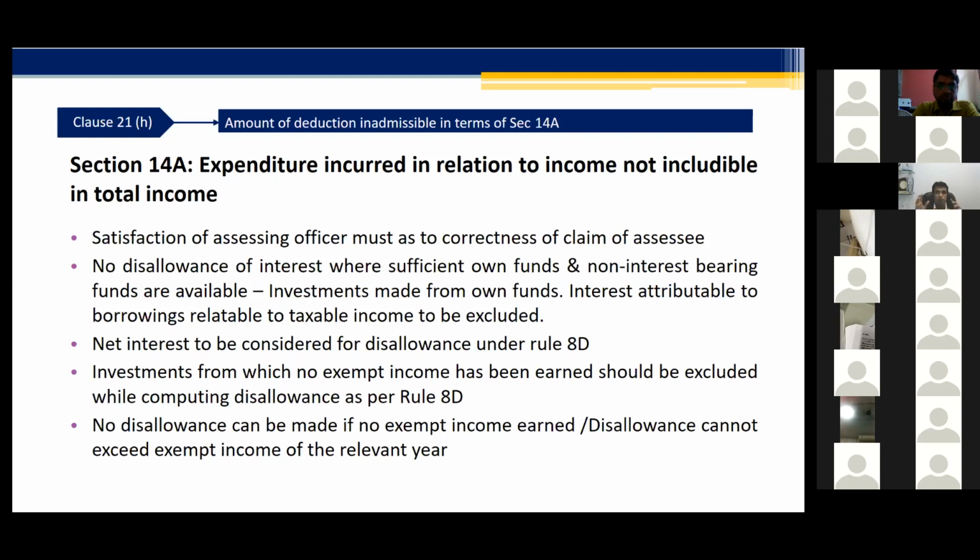So in my mind, if according to you any of these 4 or 5 criteria apply, such as no interest bearing funds have been used for investments, or net interest income and expenditure net is nothing, net is negative, there is no exempt income earned, all those criteria, if we come to a conclusion as an auditor that there cannot be any disallowance under section 14A, we need not give a working under Rule 8B also. That's the main crux for the auditors.